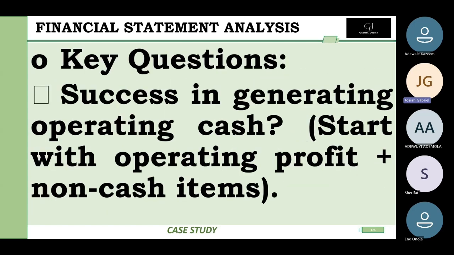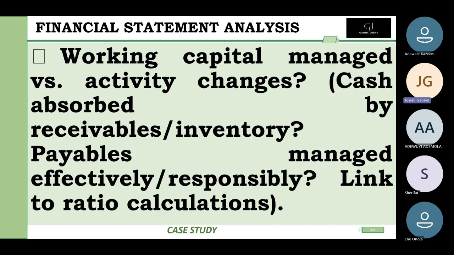So the key question you should ask is the success in operating cash. You start with operating cash plus non-cash items for the direct method of preparing cash flow statements. Then you look at the working capital managed versus the activity changes, speaking to cash absorbed by inventory or by receivables.